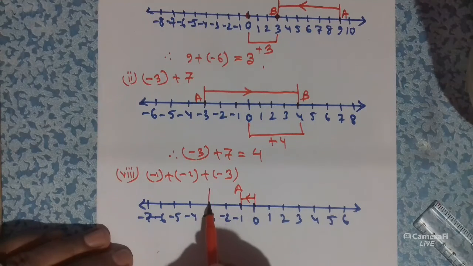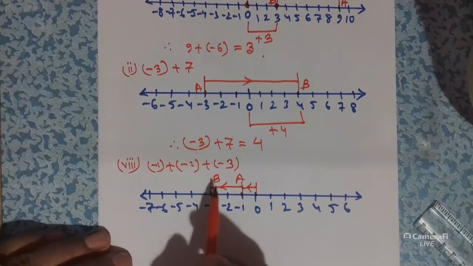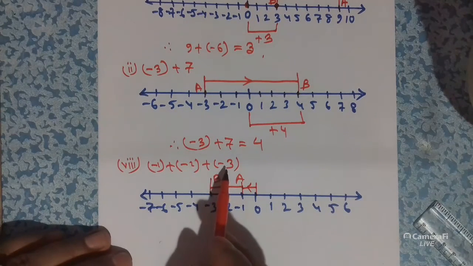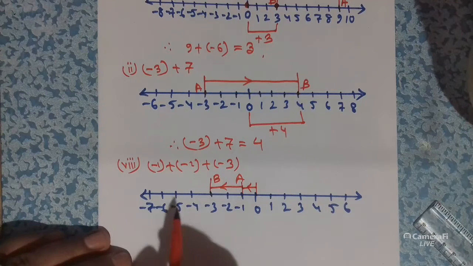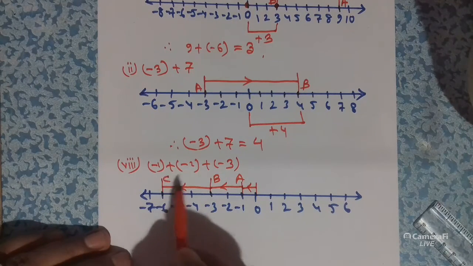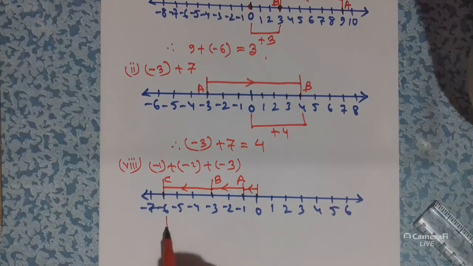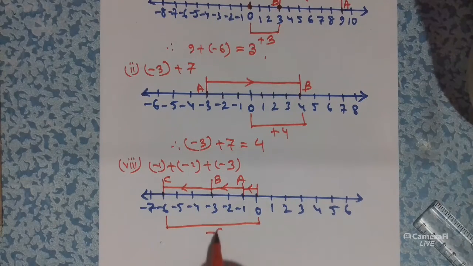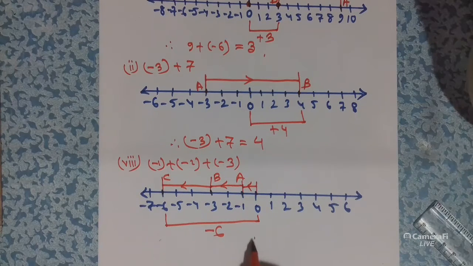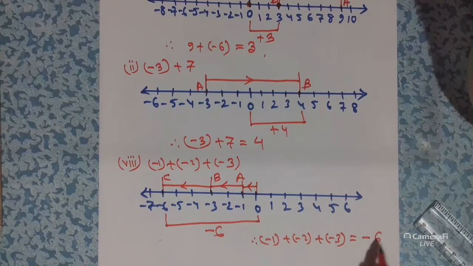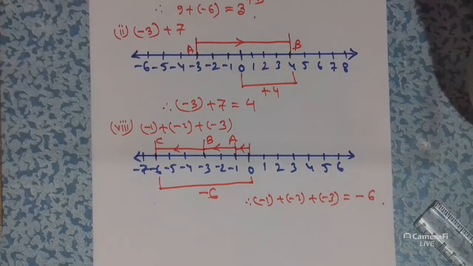So 1, 2, give the name B. And then we have to move 3 steps towards left, because it is also negative. So 1, 2, 3. See, our final position from the 0 is minus 6. So therefore minus 1, minus 2, minus 3 is equal to minus 6. Clear, students?